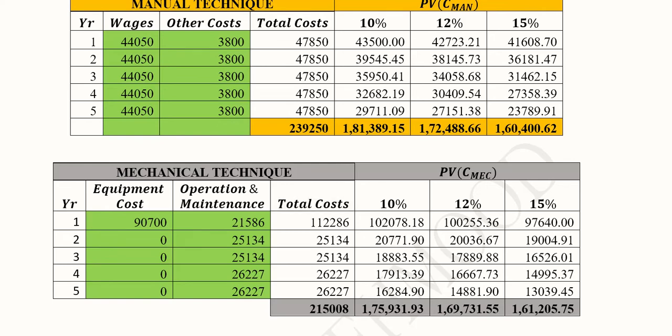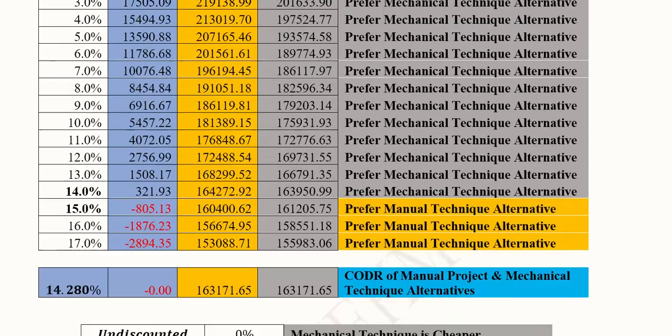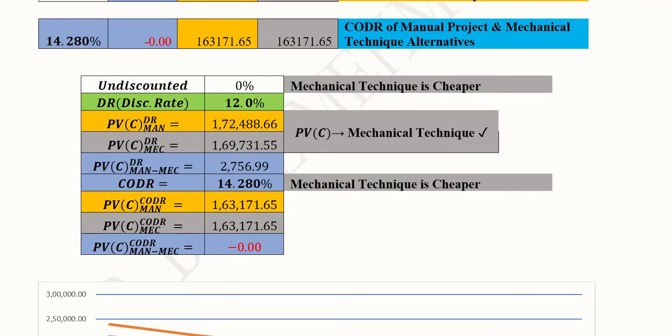You can see that the manual technique was more expensive and the mechanical was less expensive when it comes to the comparison of their undiscounted values. Coming back to that comparison, the undiscounted highlighted that the mechanical technique was cheaper.